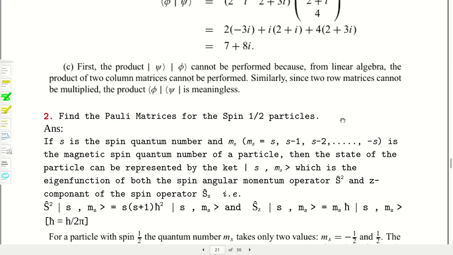They will come in quantum mechanics, in atomic physics, in nuclear physics and in solid state physics also. So Pauli matrices are very important and very widely used in quantum mechanical physics problems.